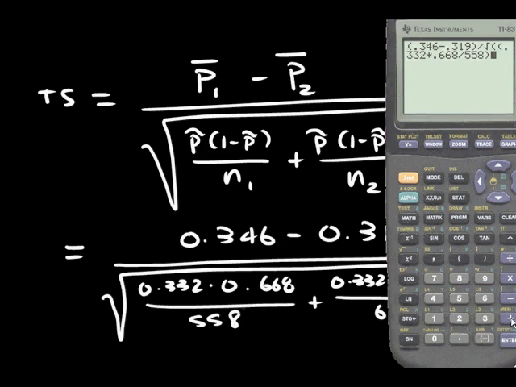This big parentheses that's outside of the arithmetic is just saying all of this is under the square root. We now have the components: this first information plus second information. So it's 0.332 again times 0.668 divided by the second sample size, which is 614.